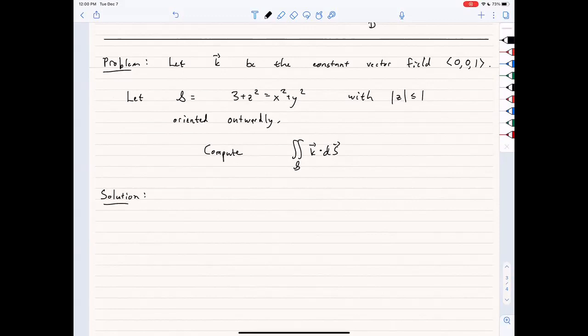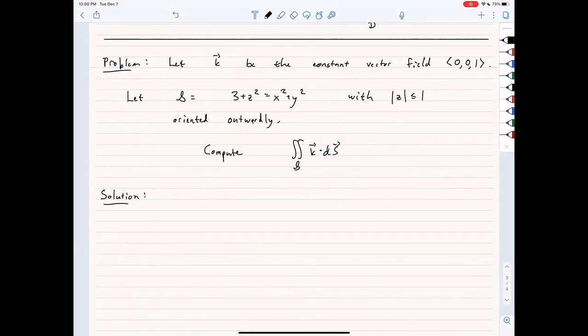Well, last lecture, we learned how to do this. We learned how to compute vector surface integrals, and it was not the most pleasant experience. It's difficult because there's a step where you need to actually parametrize your surface.